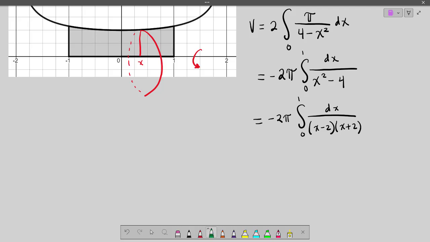So then we'll come over here and do our PFD business. Yeah, we love these PFDs with linears. PFD with linear.